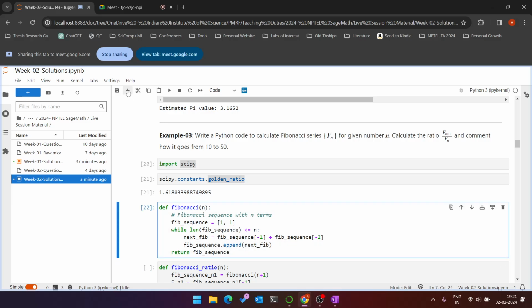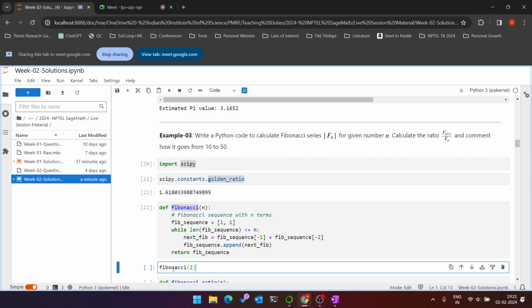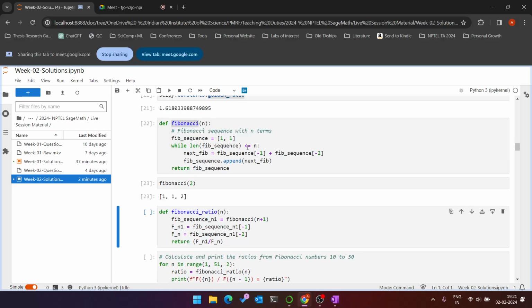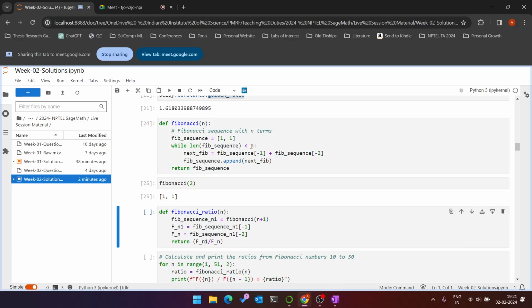So when I run this, suppose I run the first 10 terms, you can see that they are all the sum of the previous two terms. So 1, 1, then 1 plus 2 gives 3, 2 plus 3 gives 5, 3 plus 5 gives 8, and so on.